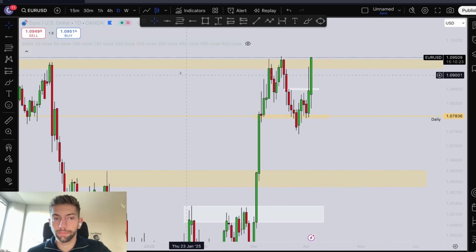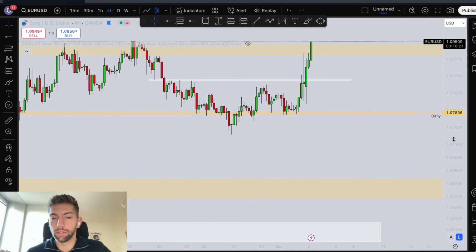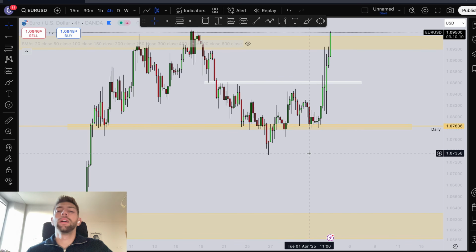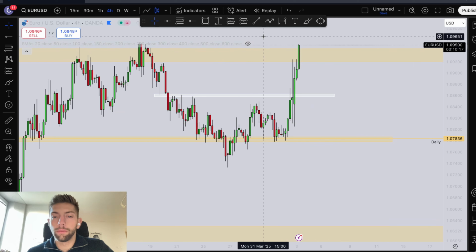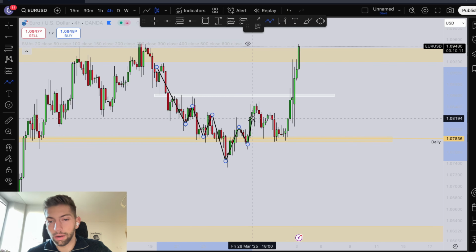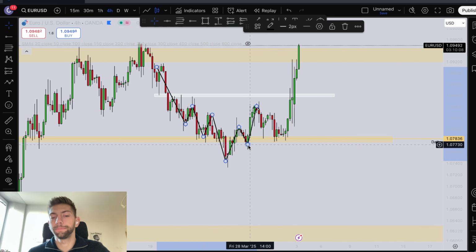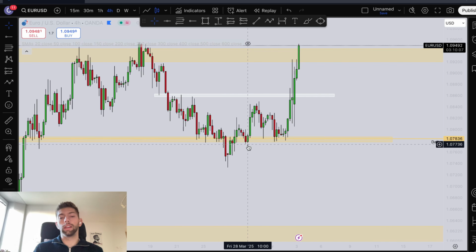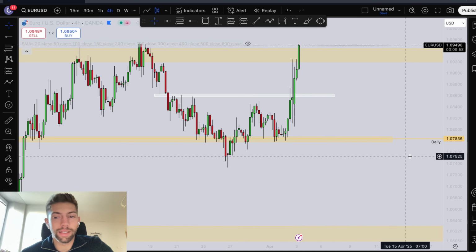If I drop down to lower time frames, price was trending down on H4, making a series of lower highs and lower lows, and then price broke market structure right here, resulting in a new higher high point. After the higher high, what I want to see is some type of higher low point, potentially at some key level.